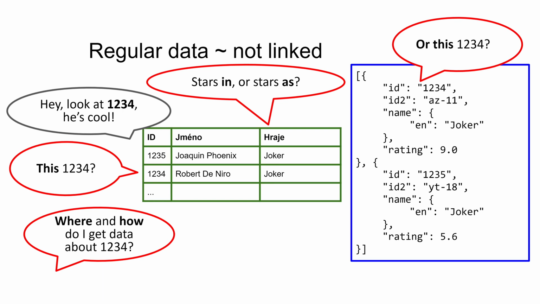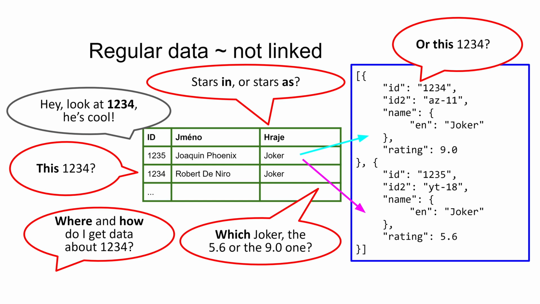So now the question is, is it stars in and can we connect it to the other data set, or is it stars as and therefore we cannot use this value to connect to the other data set? Well, okay, so this means stars in, and really the third column is a link to the second data set, the JSON one. So we can use it.